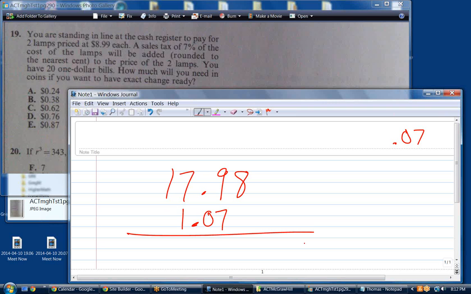And since you're using a calculator anyway, we might as well do it the way that is the least number of steps. Multiply that by 1.07. It is 19.23. Okay. Now multiply that number by just 0.07.